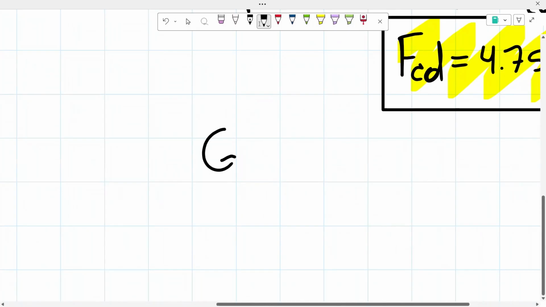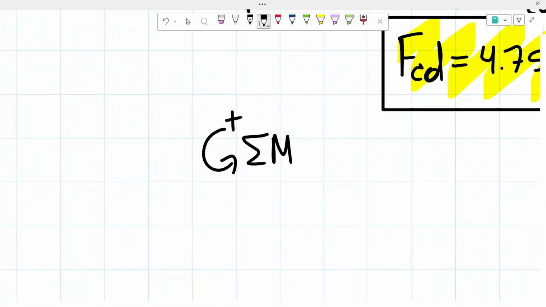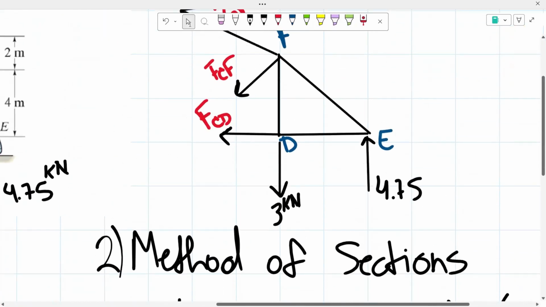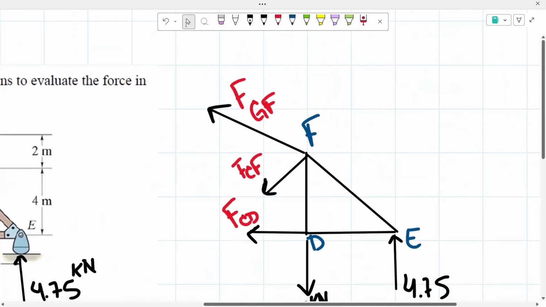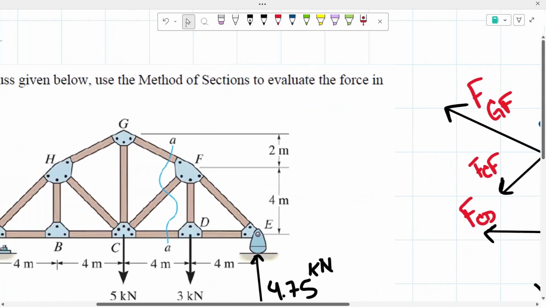So taking this sign convention, counterclockwise positive, the sum of the moments about point C also has to equal 0. We know that these two will not be creating a moment. So from there, what do we have? We have our force of bar GF.